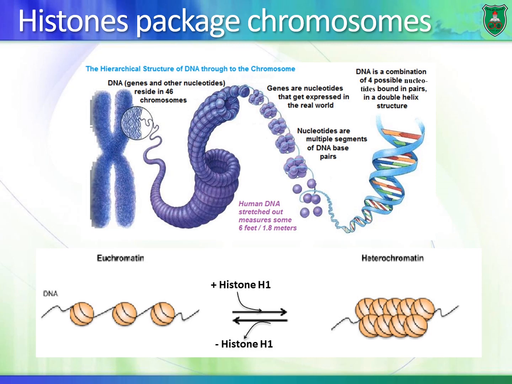If we look at human DNA or a human chromosome, you would notice that some parts of the DNA are loose, that is, the DNA is exposed, and in some parts there's no exposed DNA.